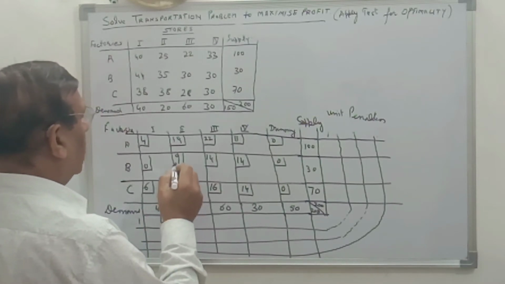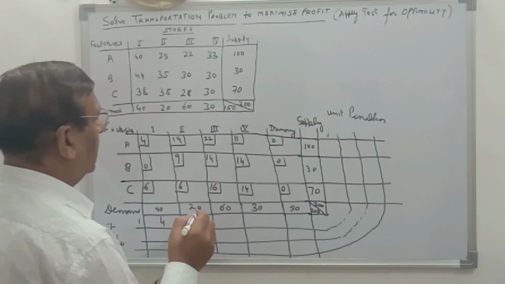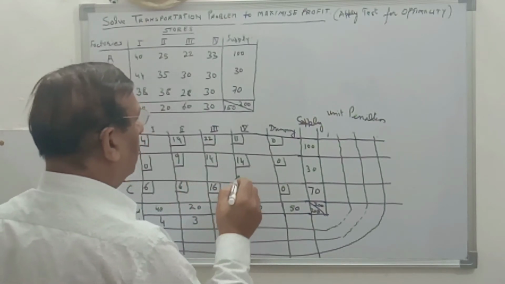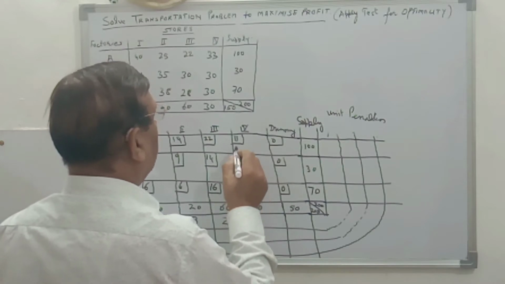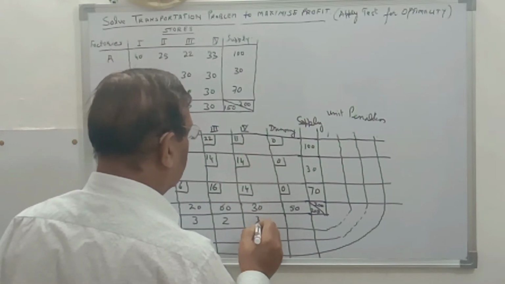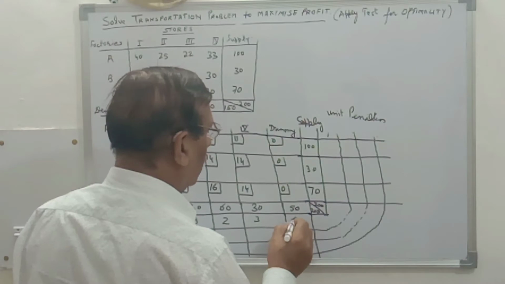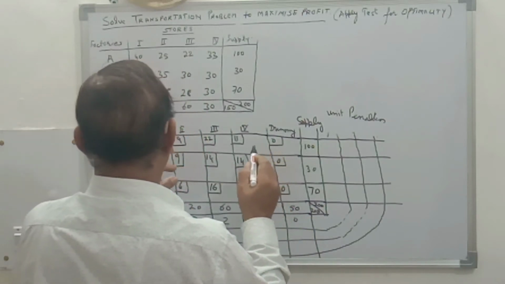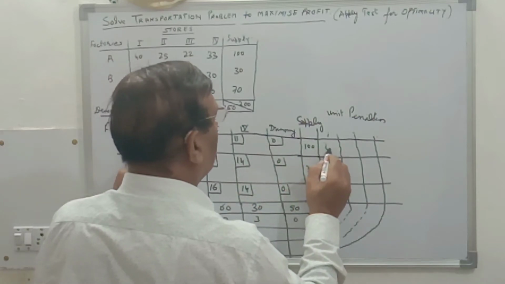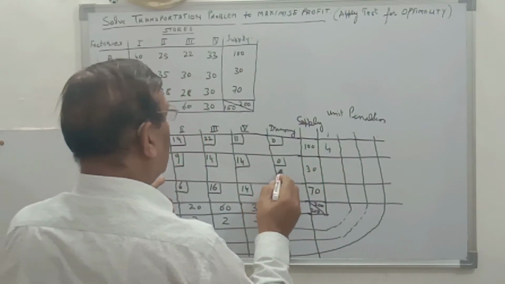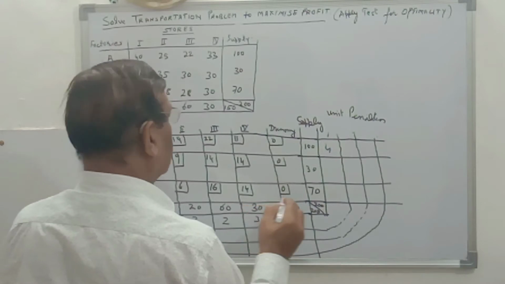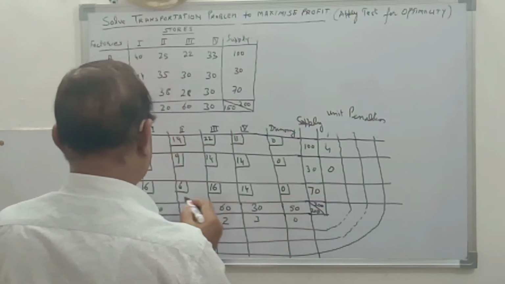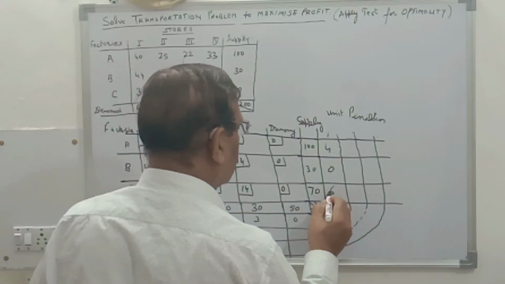Minimum is 6, next is 9, unit penalty is 3. Minimum is 14, next is 16, 2. Minimum is 11, next is 14, 3. Row-wise, minimum is 0, next is 4, 4; minimum is 0 and again 0. Then minimum is 0, next is 6, so it is 6.